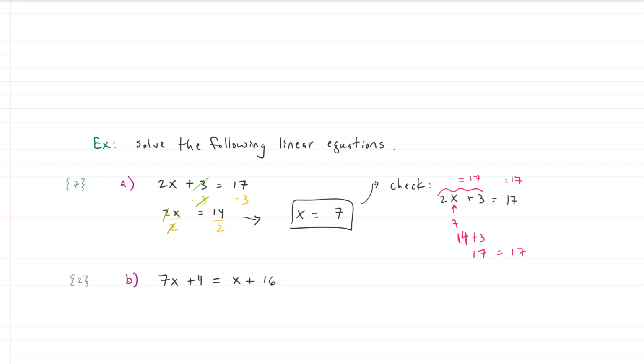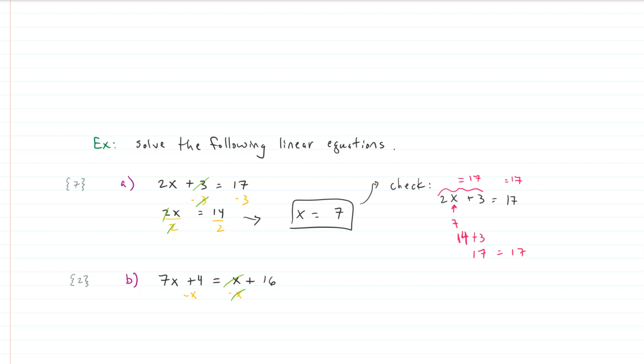Let's do another problem. Example B: we have 7x plus 4 equals x plus 16. We need to get all of the x's to one side and all the numbers to the other side. So let's start by getting the x's to the left. I'm going to subtract an x from both sides.